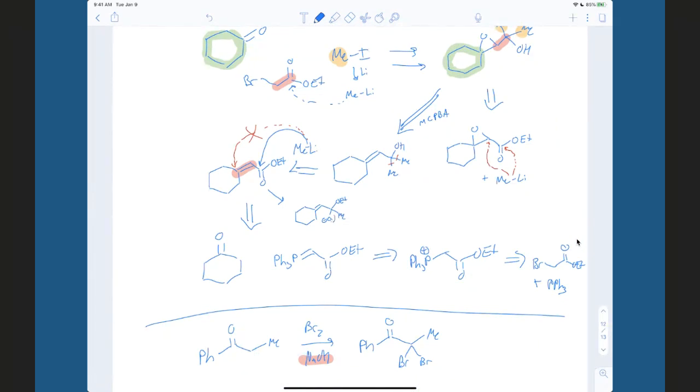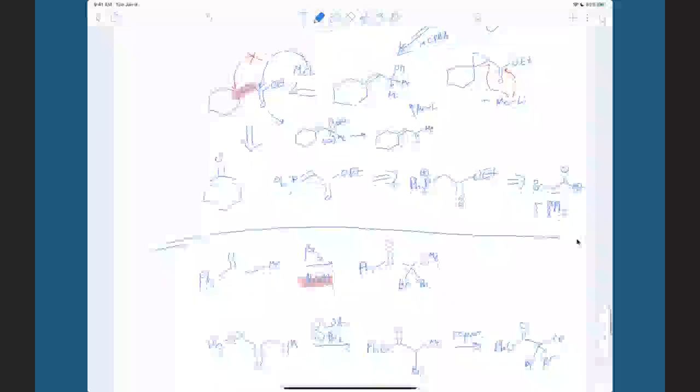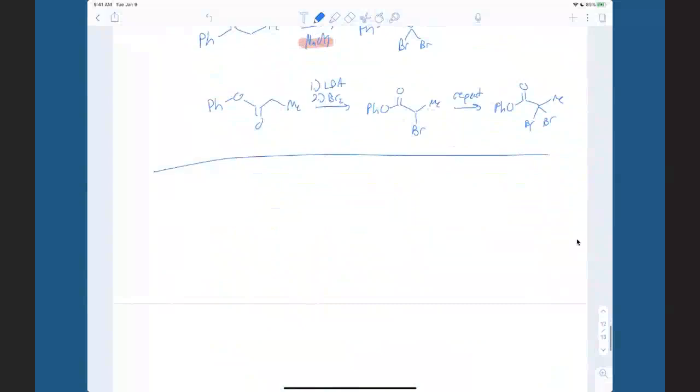The ethoxide will quickly leave. This gives us a methyl ketone, and now this methyl ketone is more reactive than the initial ester. So now a methyl lithium addition to this will go and make the tertiary alcohol after workup. So this is another option you could do.